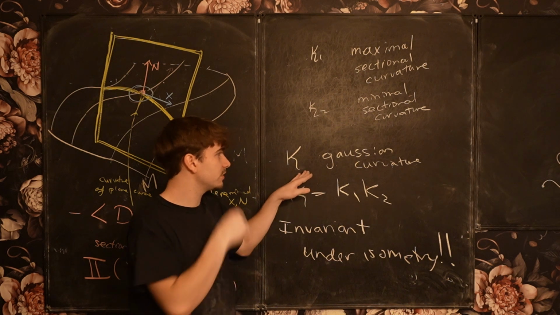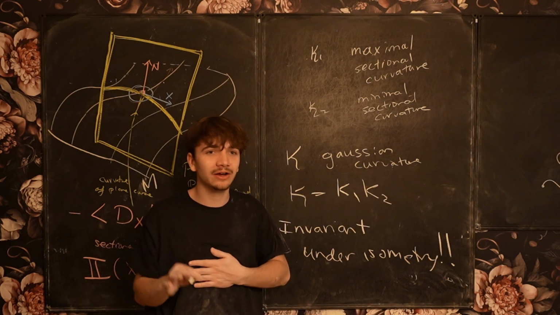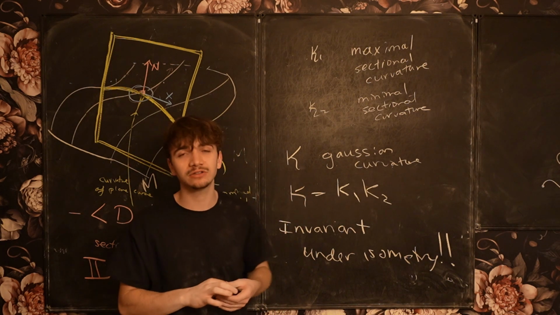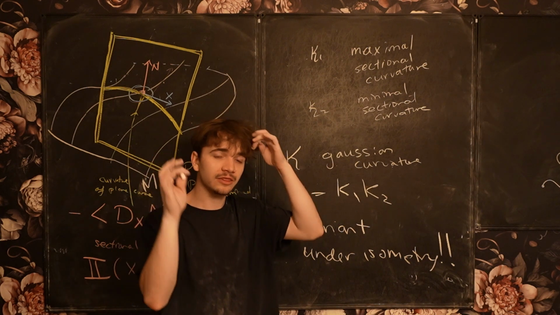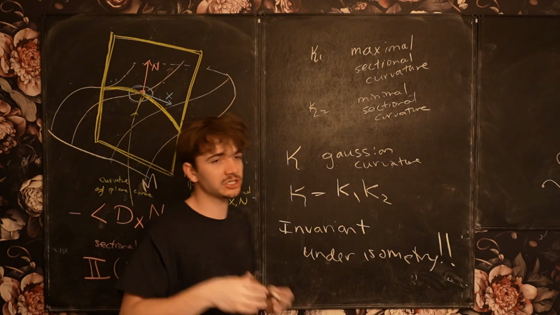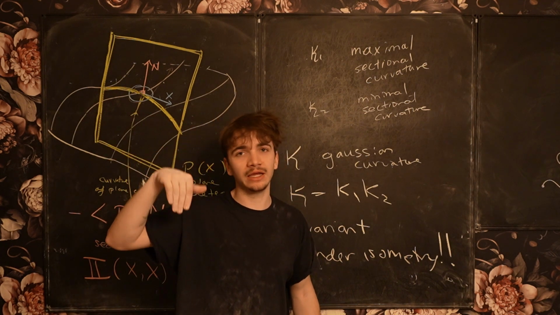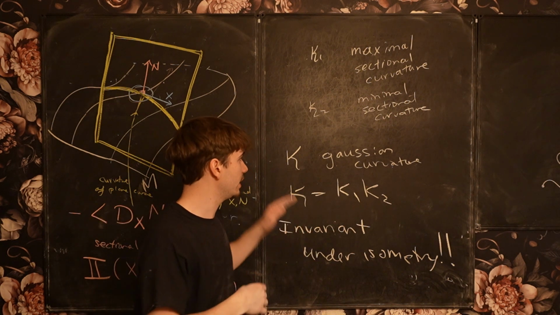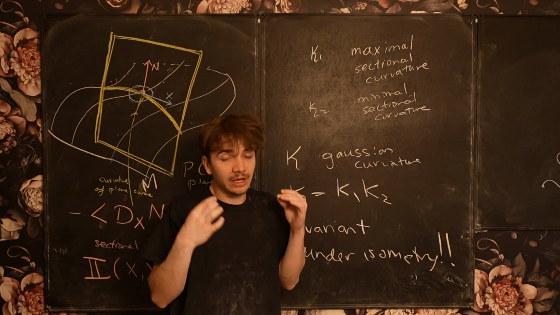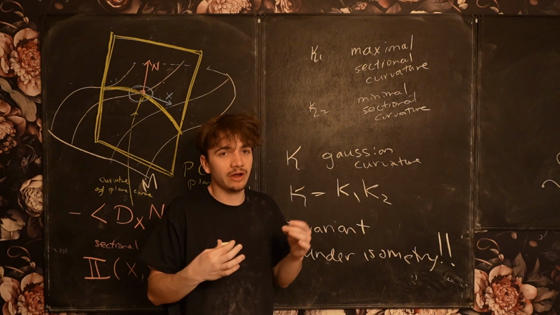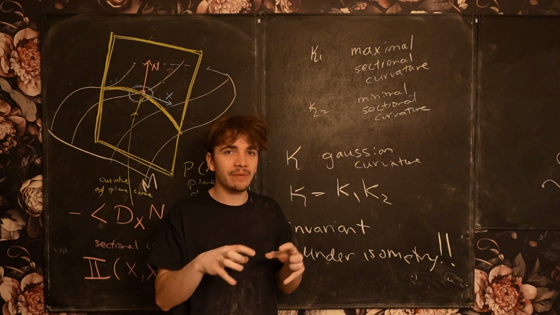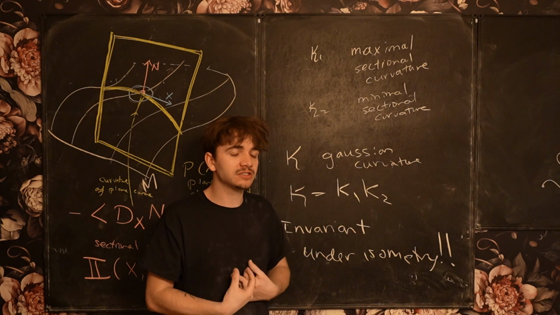So if the manifold is compact, which means we can integrate the Gaussian curvature over the entire manifold, with the volume form induced from the embedding into Rn, or into R3, then we get a topological invariant, invariant under homeomorphism, which means that really the only thing that matters is the Euler characteristic of this topological space.